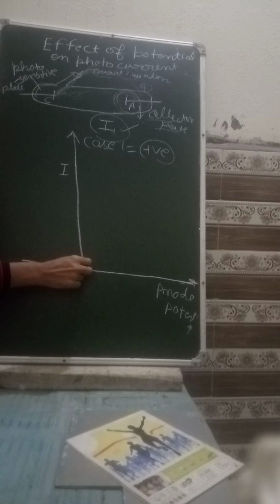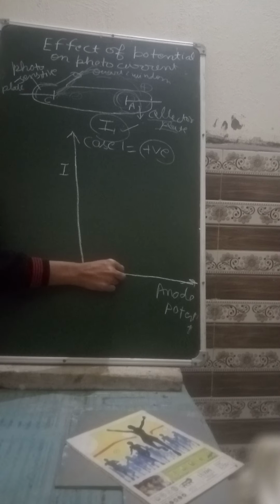Now if we increase this anode potential, then the electrons ejected from the photosensitive plate will get collected on the collector plate.